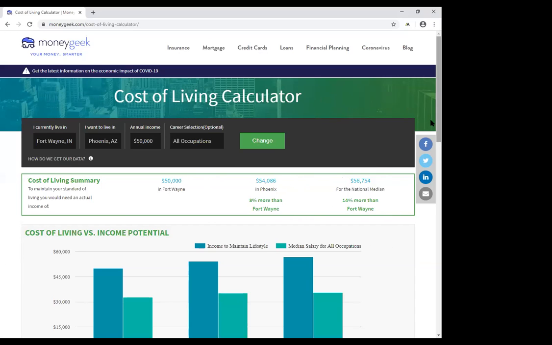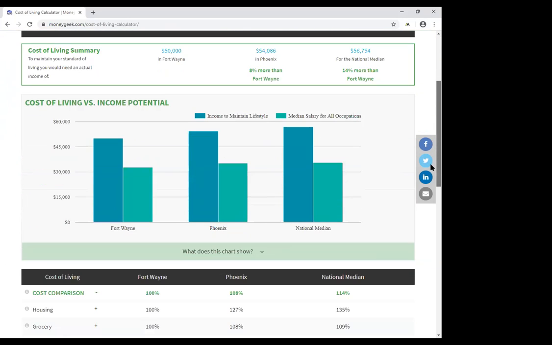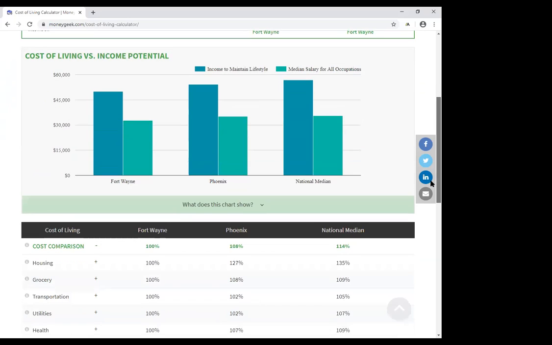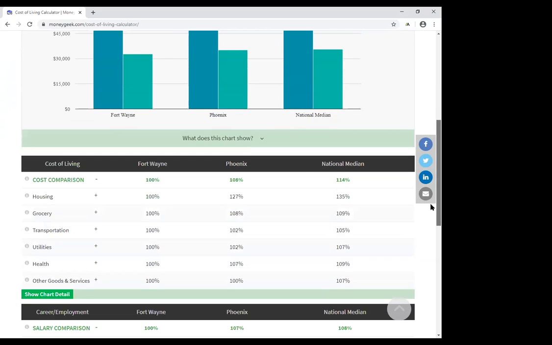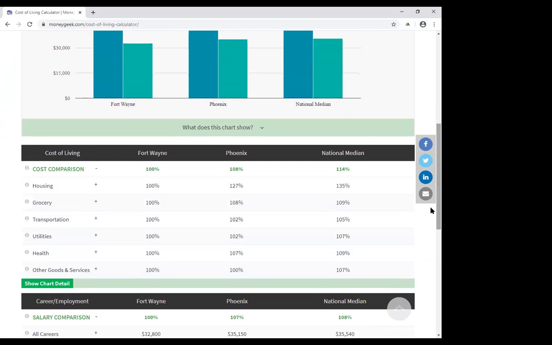And then it brings you down here, gives you the graph, basically the same information that you will need as far as salary to have the same lifestyle, but then you also have the breakdown like we spoke on earlier.